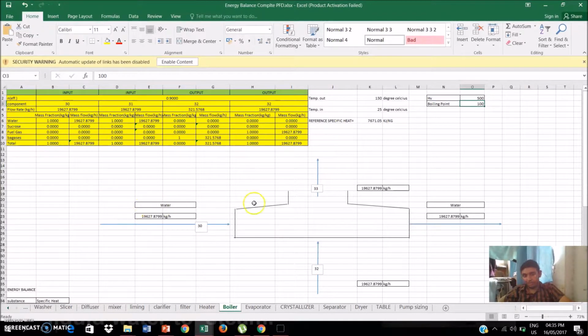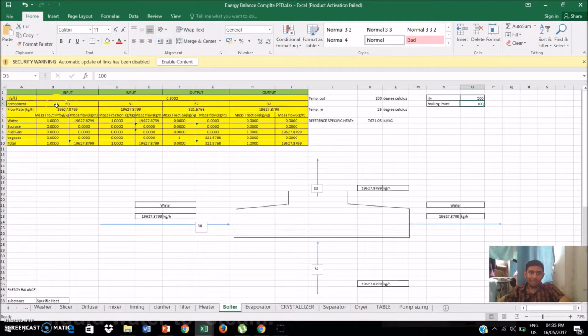The water will input to the boiler, and the bagasse will also input into the boiler. The bagasse will be burnt to supply the heat to boil the water, so the water becomes steam. The bagasse will burn and produce flue gas.